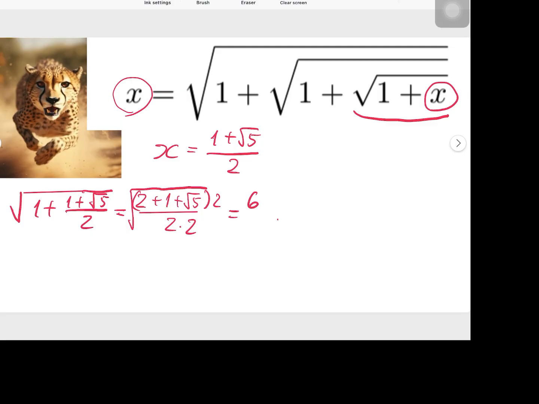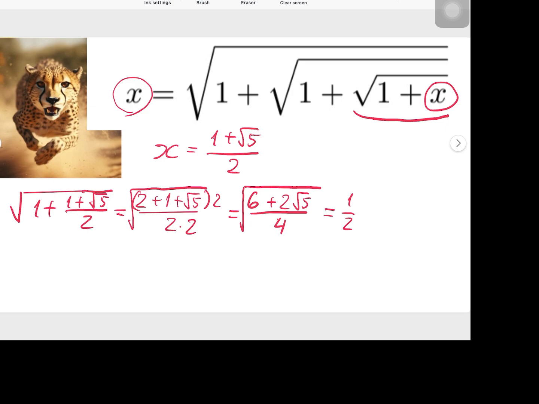Under the square root we have 6 plus 2 square root of 5, and here we have 4. So the denominator can be moved out of the square root, and in the square root we have 6 plus 2 square root of 5.